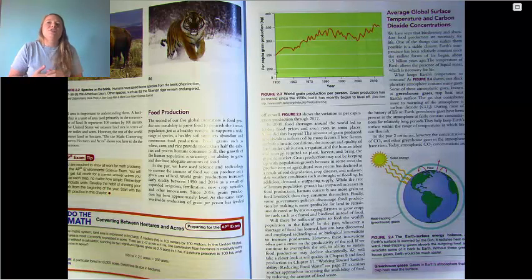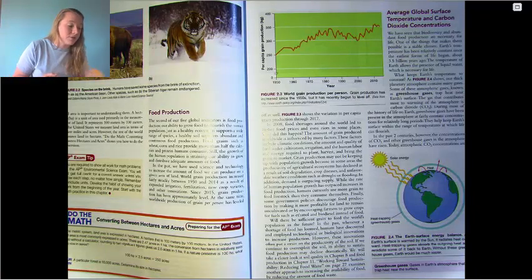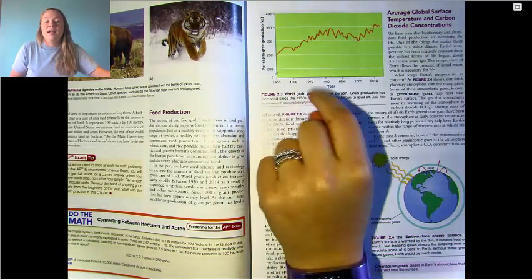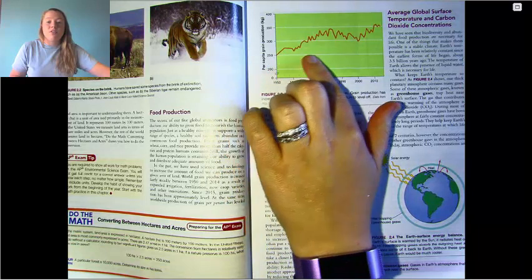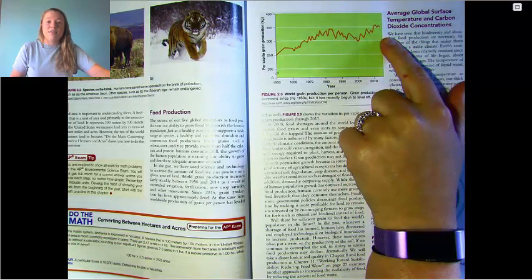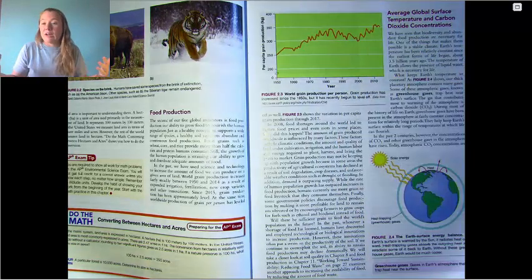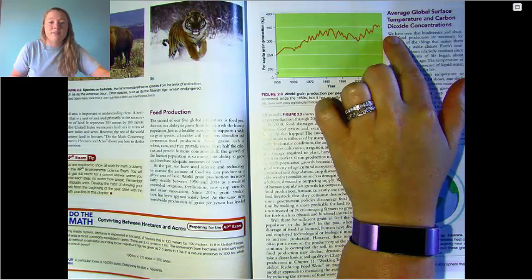But we also need to look at how we can grow enough food to feed our growing population with the current land that's available, so that we're not destroying ecosystems and influencing our biodiversity. If you look at how humans are doing with that, you can see that overall, per capita, so per person, the amount of food that we're producing, the amount of grain is usually how scientists classify it, has been increasing pretty steadily.